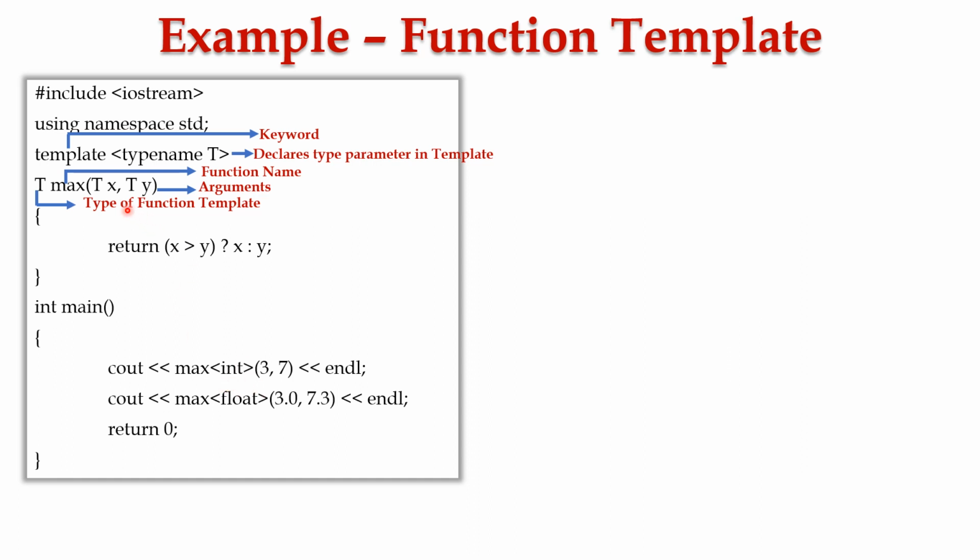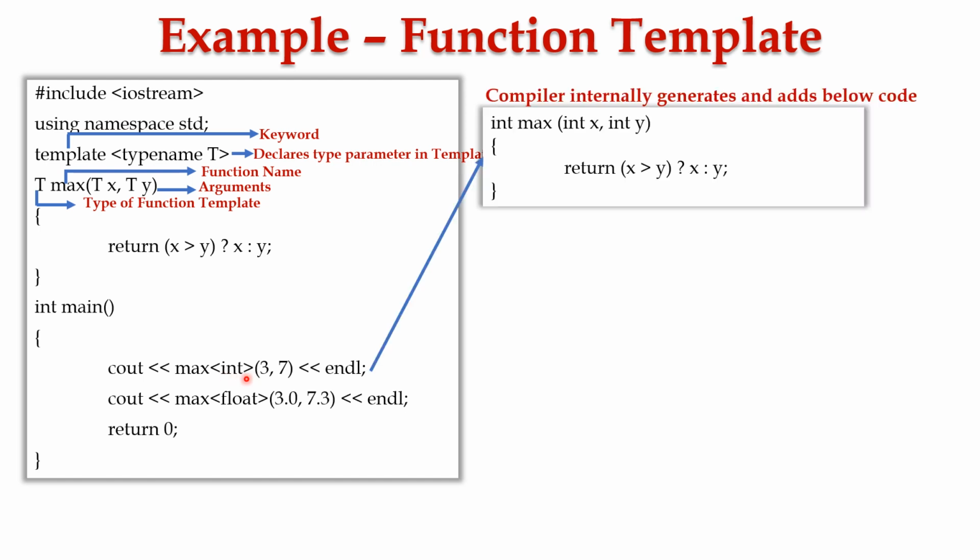In function template, this specifies that the function call is to a version of the max function template where T is replaced with integer data type. So the compiler internally generates and adds the below code. We can see here the template type T is all replaced with the integer data type. So int is the return type of the max function and the arguments x and y have integer data type.